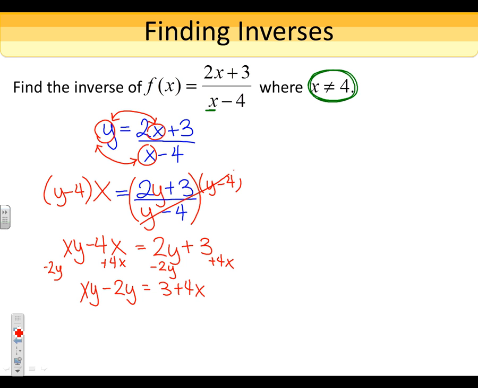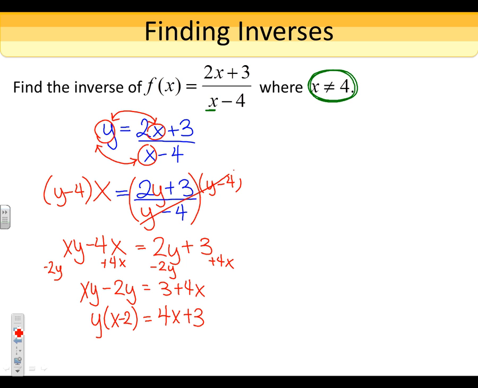So what do you notice about the left side of this equation? What could you do to simplify that left side of the equation? Because I need just my y's together and everything else taken away. On this left side of the equation, we have a greatest common factor of y. So I'm going to take out the y. Let's go ahead and put this in standard form, 4x plus 3.